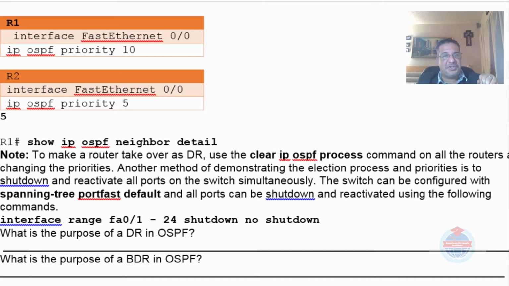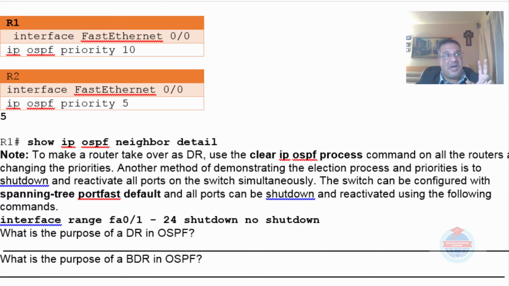Once the election occurs, all the routers' updates are forwarded to the DR or the BDR. I mean, OSPF maintains an equal picture on both of these routers, the DR and the BDR, the backup designated router.